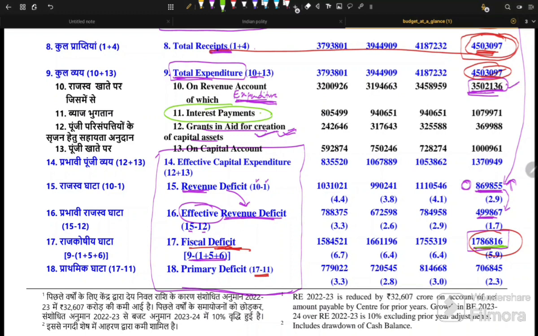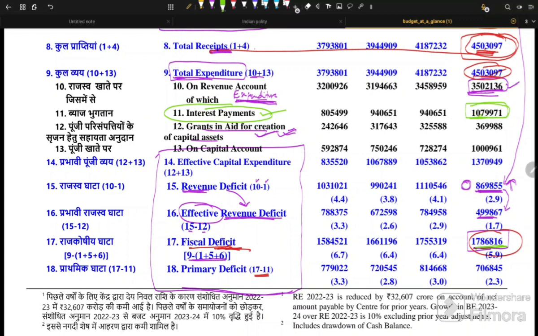For example, interest payment is 10 lakh. Interest payment means just paying interest on the borrowing. The government borrows money from the public. For that it needs to pay monthly interest over the principal amount. Okay, it has 10 lakh something.